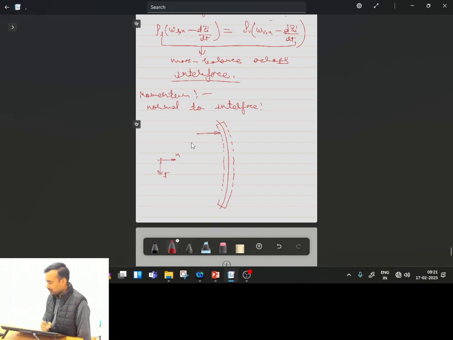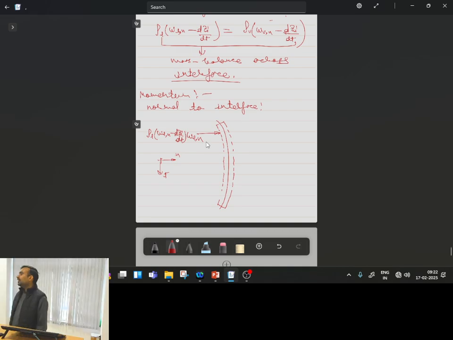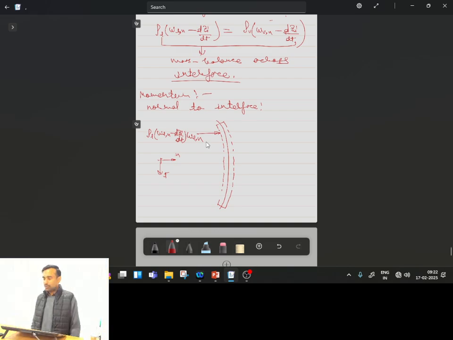We have just calculated it: rho L times (WLN minus dzi by dt). This is the liquid mass entering towards the interface, and it is coming with velocity WL. When this mass is multiplied with velocity, it becomes the momentum flux entering the control volume in the normal direction.